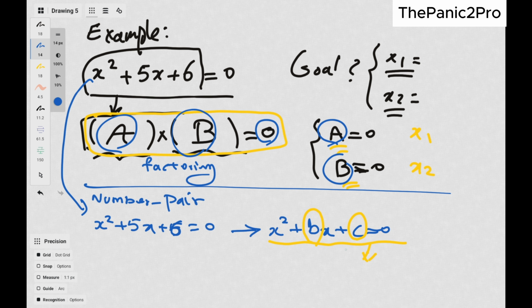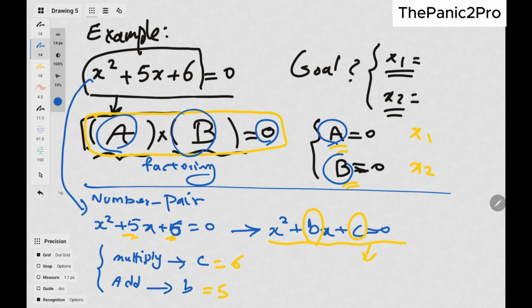These two numbers, if they multiply, I get c, and if I add them, I get b. Here, what are my b and c in the example? My b is 5. My c is 6.